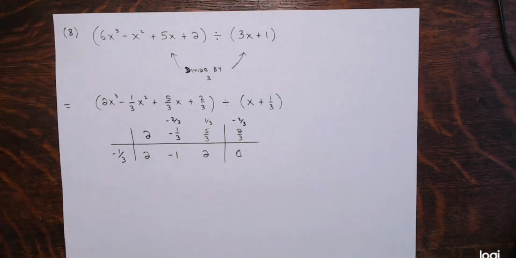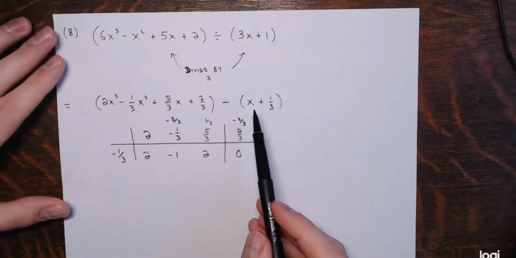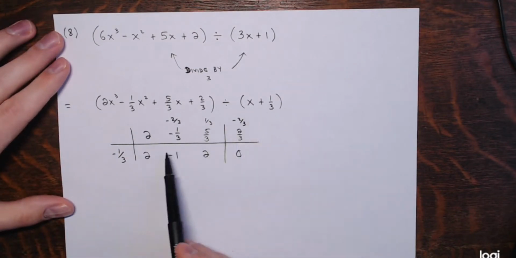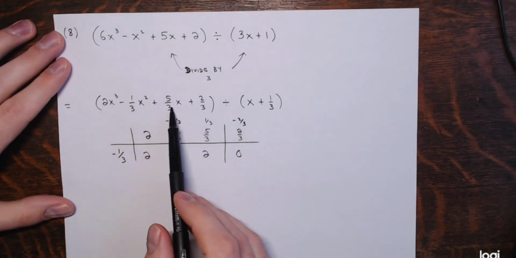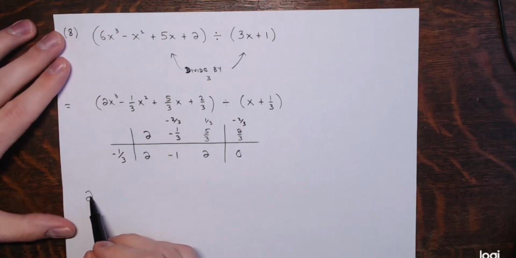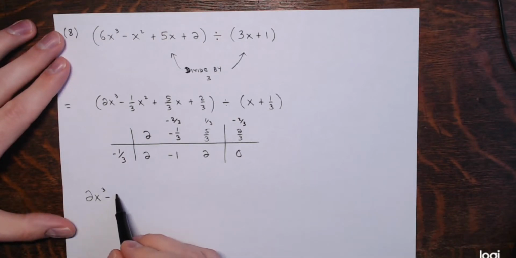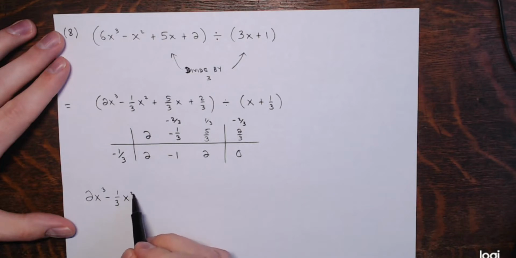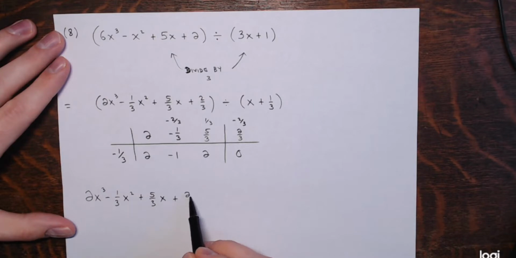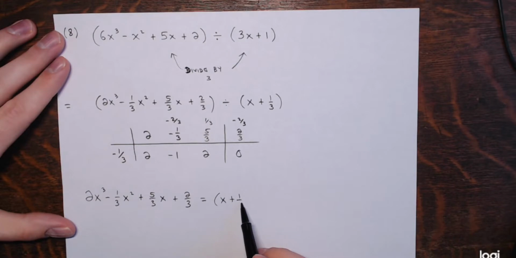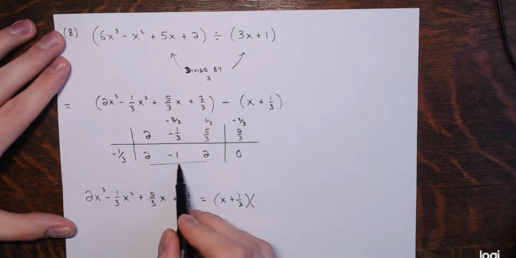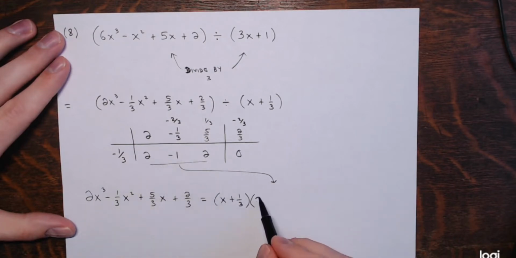Remainder is 0. Which means that x plus 1/3 and 2x squared minus x plus 2 are factors of this 2x cubed minus 1/3 x squared plus 5/3 x plus 2/3, right? So we got 2x cubed minus 1/3 x squared plus 5/3 x to the first plus 2/3 is equal, from this line here, to x plus 1/3 times the quotient, 2x squared minus x plus 2.